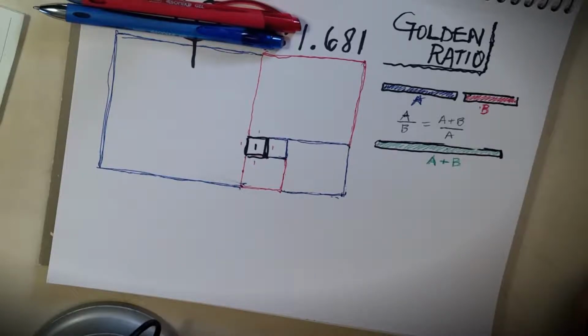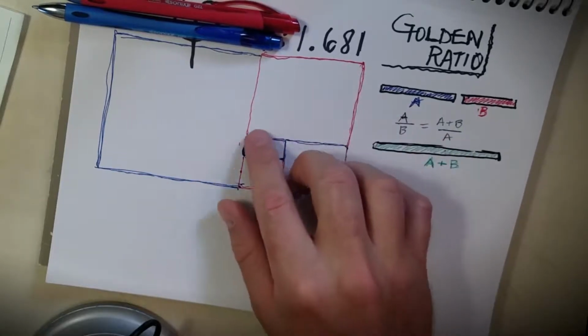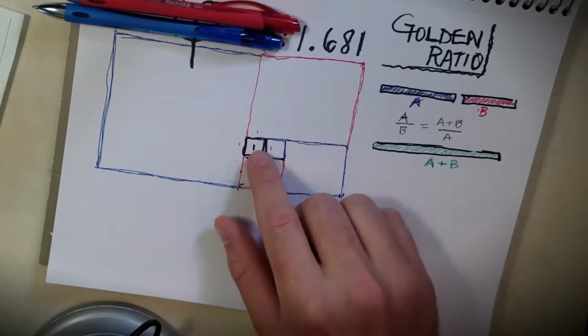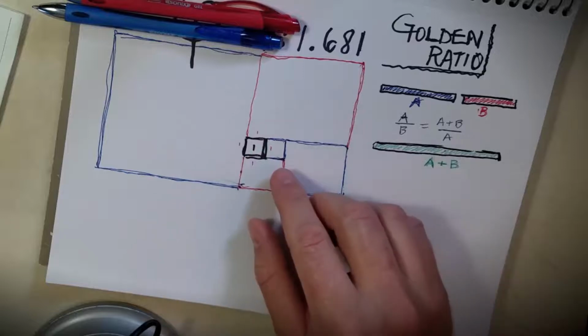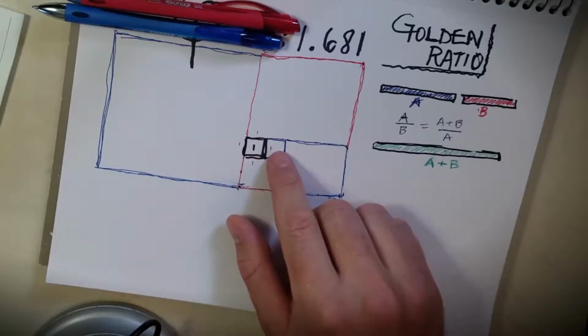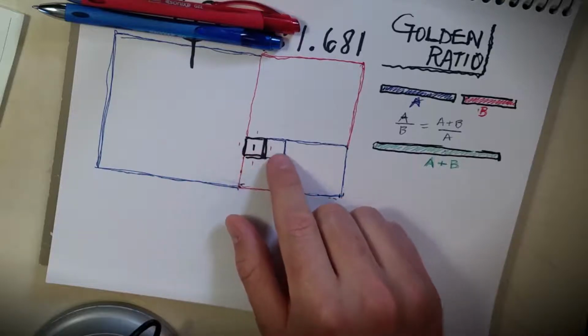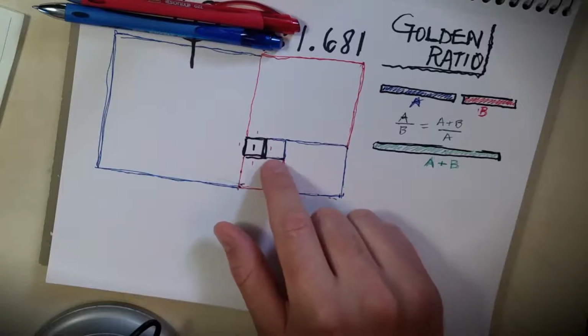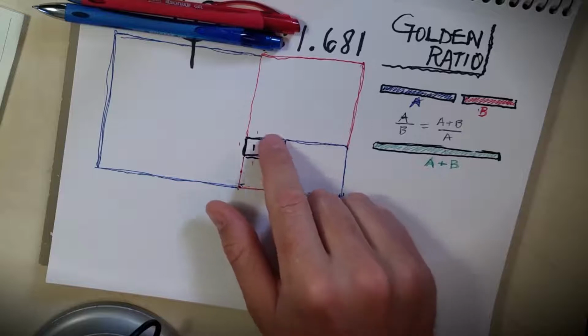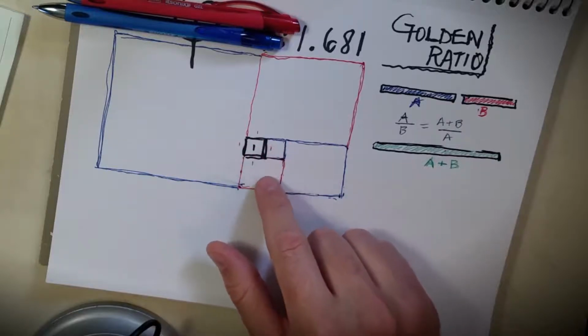The Fibonacci sequence is a series in which each number is the sum of the previous two numbers. So we start at 0 or 1. If we say 1, then the next number is the sum of the previous two, which is 0 and 1, which is 1. The next number is the sum of the previous two. 1 and 1 is 2.